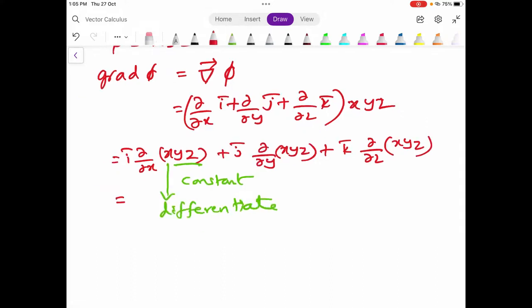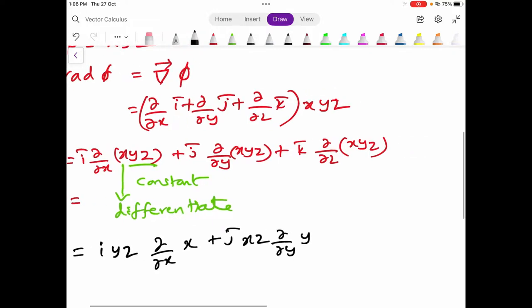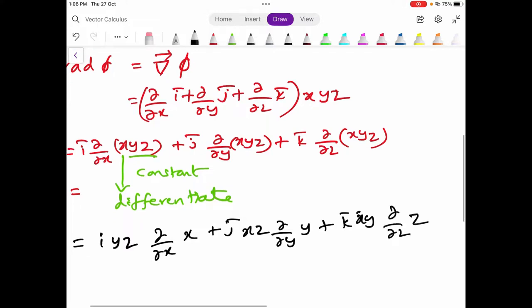So in xyz, we will differentiate i into dou by dou x of x, taking yz out. Next, j bar into dou by dou y of y, taking xz out, plus k bar into dou by dou z of z, taking xy out.